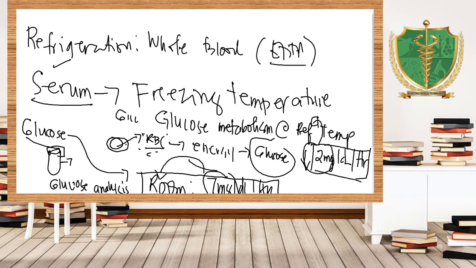Glucose metabolism at room temperature is 7 milligrams per deciliter if the red cell in this room is not separated. Glucose metabolism at refrigerated temperature is 2 milligrams per deciliter per hour if not separated. So, ano palatandaan mo? Nayaman ka, meron kang 7 na room, at yung 7 mong room, merong dalawang ref. Okay? So, that's how you understand, remember that.